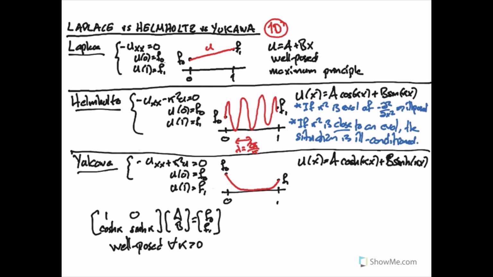Right. So, well posed solutions, and no oscillations. This is also known as the modified Helmholtz equation. So the point just being that you really need to pay attention to the signs here.